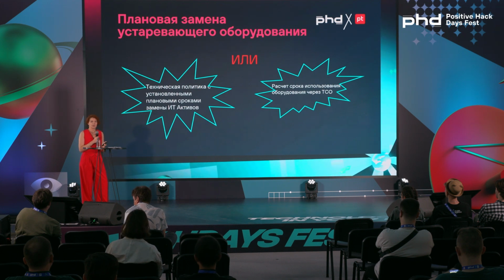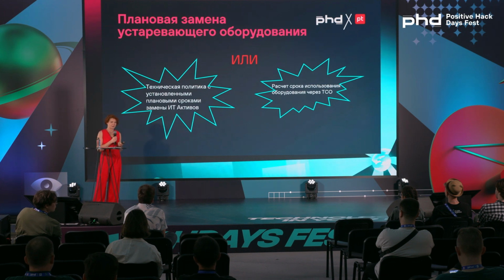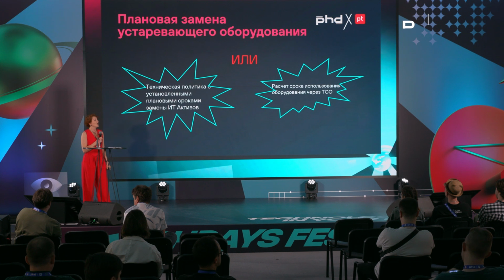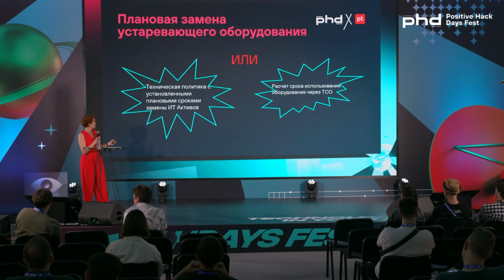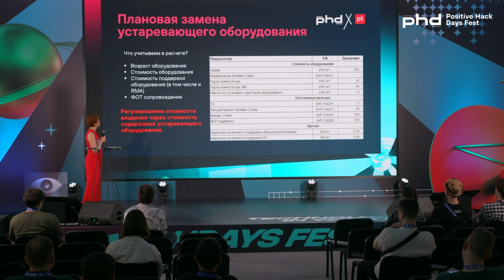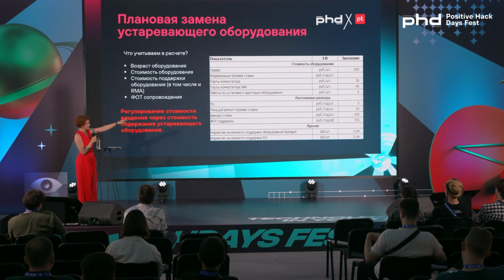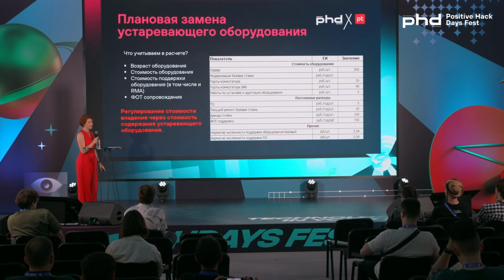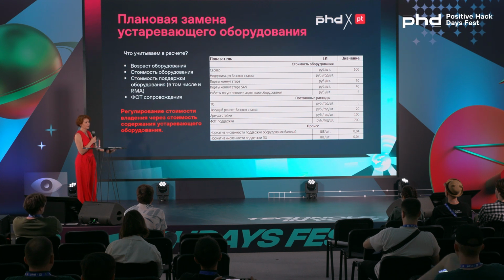So explaining why 6 years, not 7 years, is very difficult because there's not a single vendor that would testify against themselves and say, look, in 6 years the server will have to be thrown into the dumpster. But we tried to calculate the cost of equipment via the total cost of ownership, TCO.